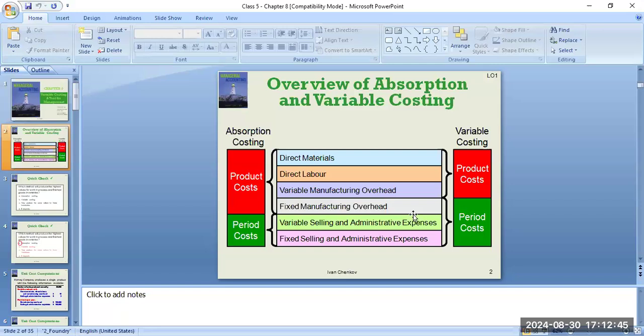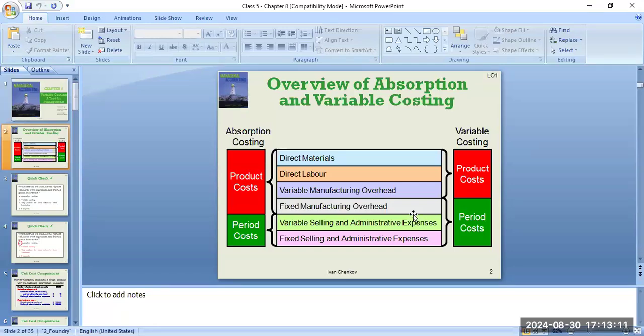From the various analysis and budgeting, we already figured out that manufacturing overhead has two components, variable and fixed. Now, that's where lies the difference between absorption costing and variable costing.